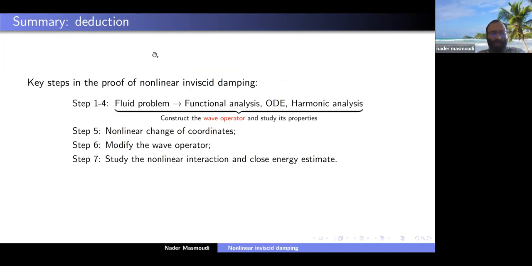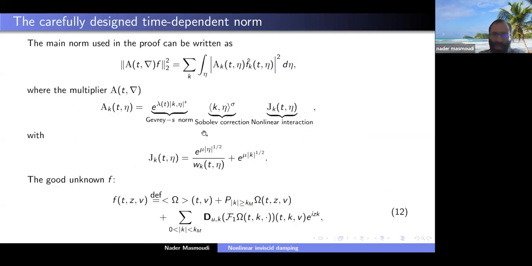To summarize this proof: first the construction of the wave operator, then the nonlinear change of coordinate that more or less comes from the paper with Jacob, which required modifying the wave operator to adapt it to that new change of coordinate. And then we study some commutators to make sure that the energy norm A behaves well.